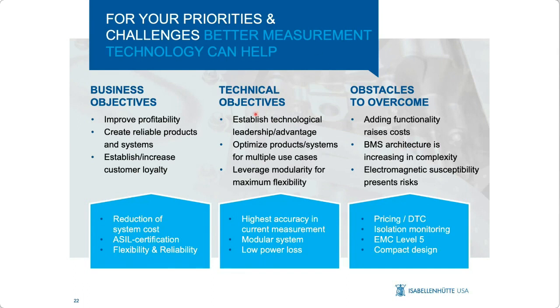With regards to technical objectives, it's important to establish technological leadership and to optimize your products or systems for multiple use cases. To do that, you want highest accuracy of your current and voltage measurement system, and you want a modular system with a low power loss.